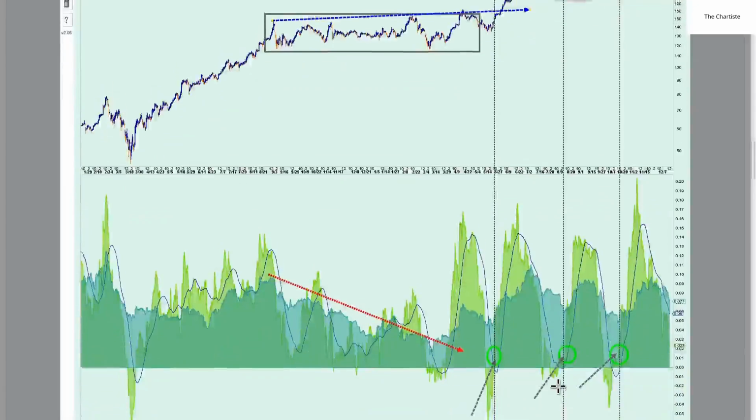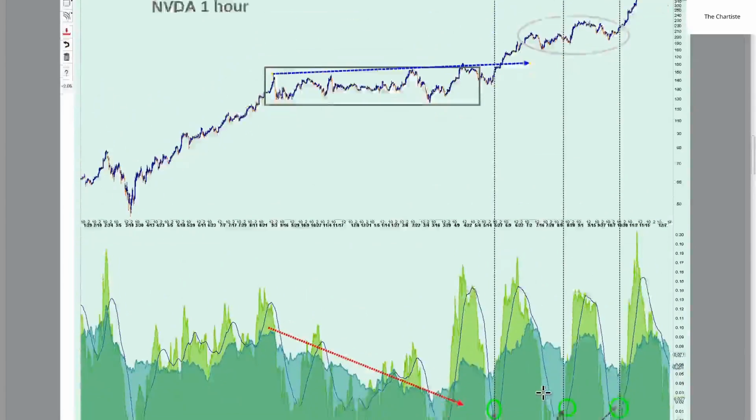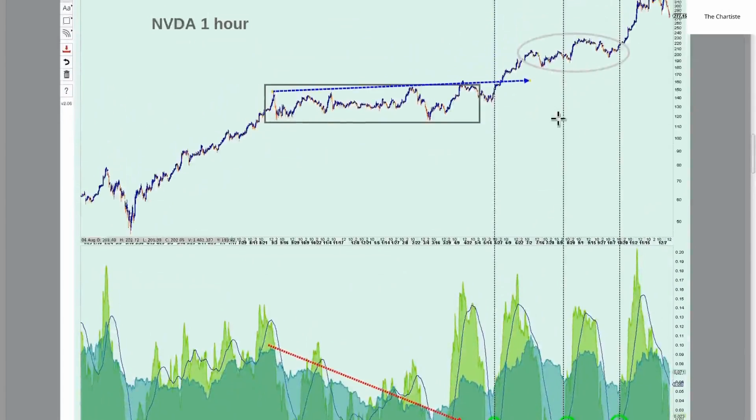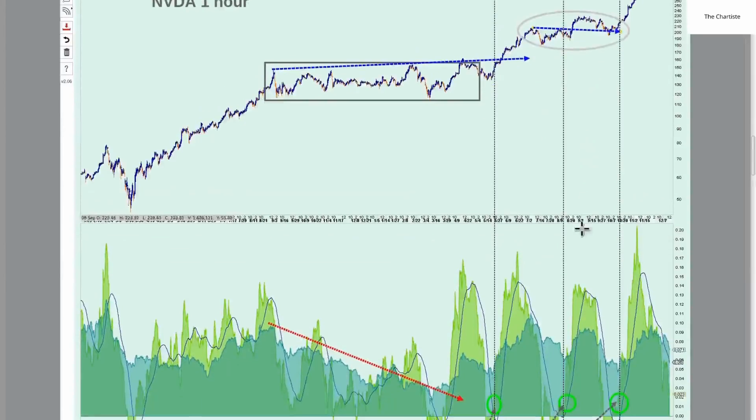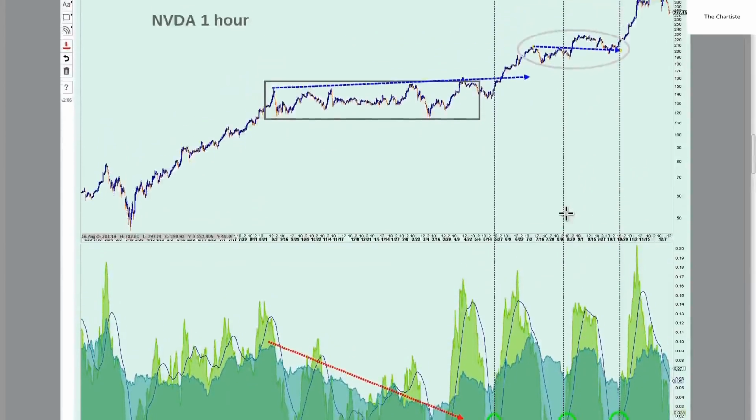Then you have another situation when there is another consolidation. There is another entry into that consolidation. It's a very small breakout, but it doesn't produce very much. And it's falling down, and it's another entry.